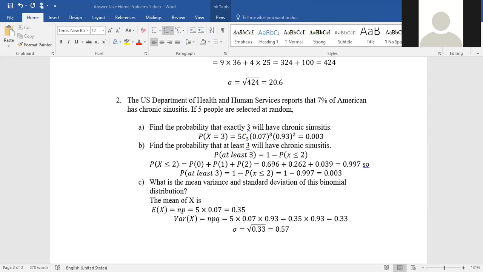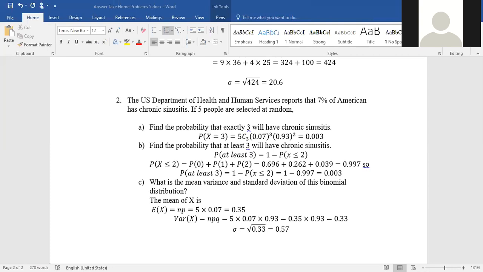The first one is exactly 3. When you see equal to X, this is that X, 3. 0.0029, which we round up to 0.003. And here, at least 3 is this one, 0.00307. That is for at least 3. So that is how you can use a binomial distribution calculator.